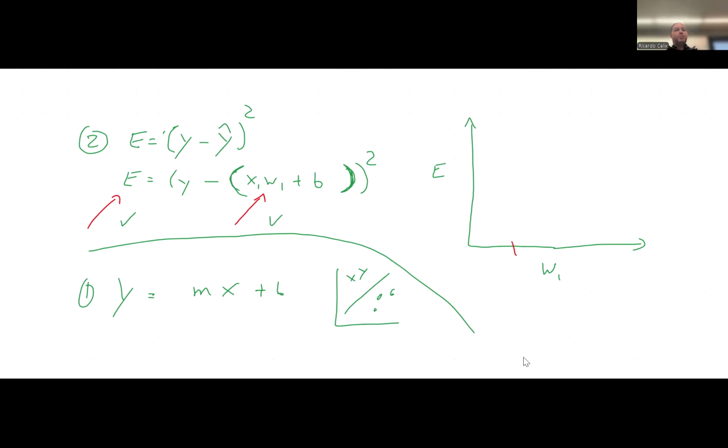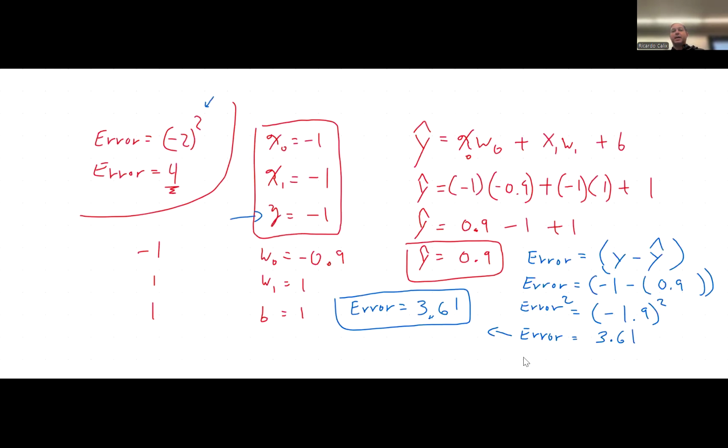Essentially, in my previous example, I changed the W0, remember? Minus 0.9, and it gave me this 3.61. Do you guys see that? And before, this was minus 1, and it gave me a 4. You agree?